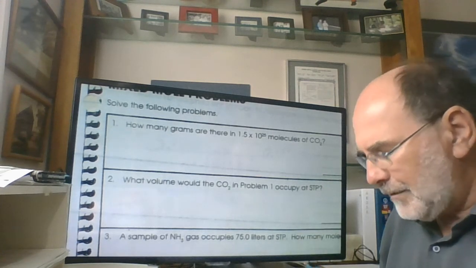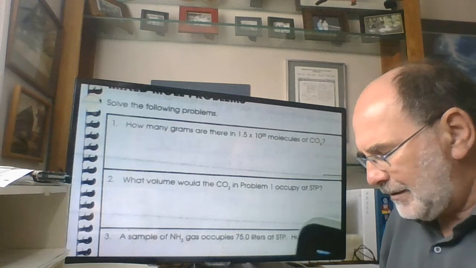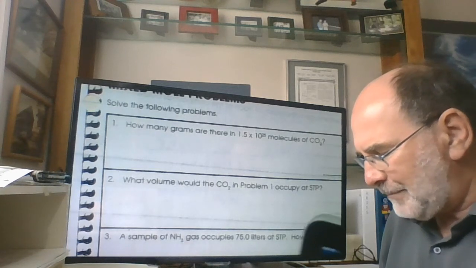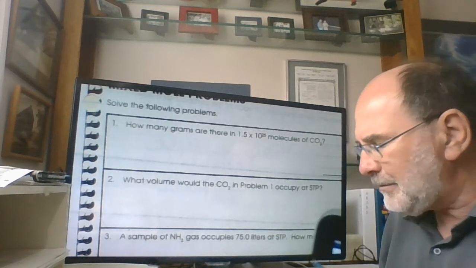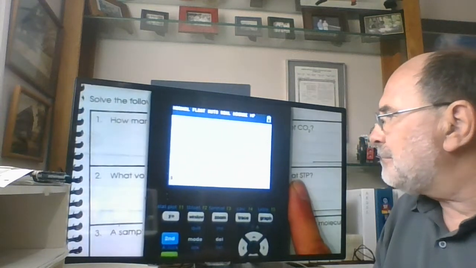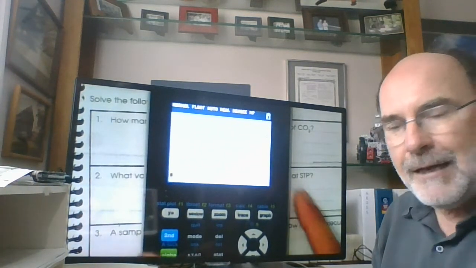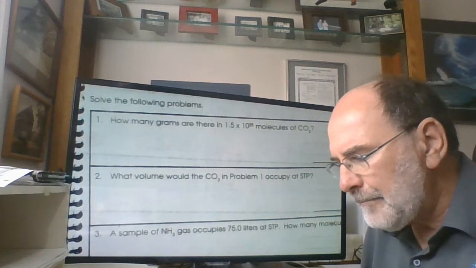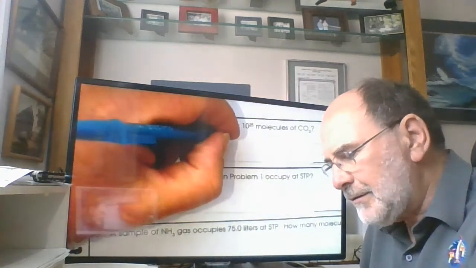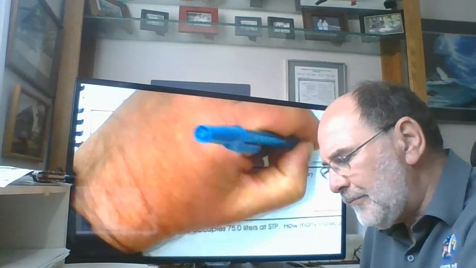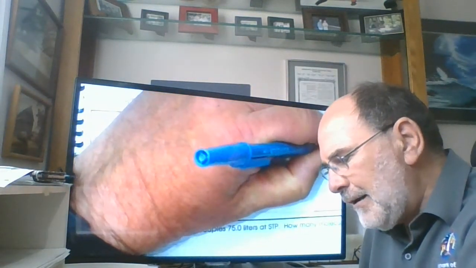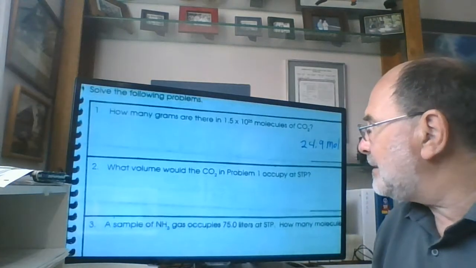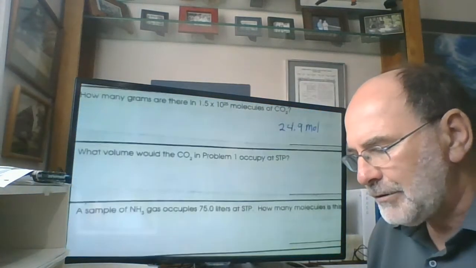So I could go 1.5 times 10 to the 25 divided by Avogadro's number, and I get 24.9 moles, which doesn't even answer the question, 24.9 moles. However, I need that piece of information to do number 2.